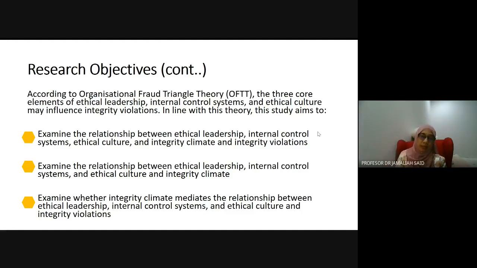My mission is to examine, to analyze, to explore, to determine. Those are the common words to describe a research objective. Normally, if you are using a qualitative approach, it's good to use the word to explore. But if you are using quantitative, the words normally used are to examine, to analyze, to determine.